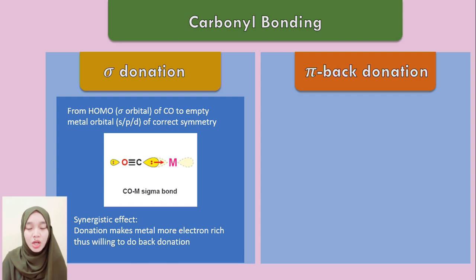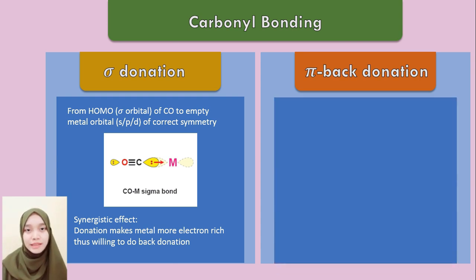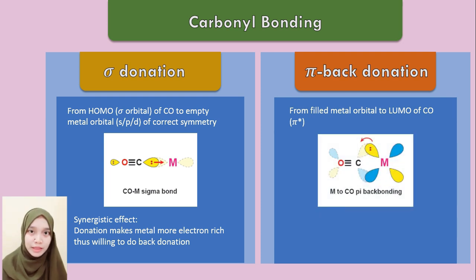Sigma donation causes a synergistic effect where the donation makes the metal more electron rich, thus it is willing to do back donation. For the pi-back donation, the donation occurs from the filled metal orbital to the lowest unoccupied molecular orbital of carbon monoxide, which is the pi star.